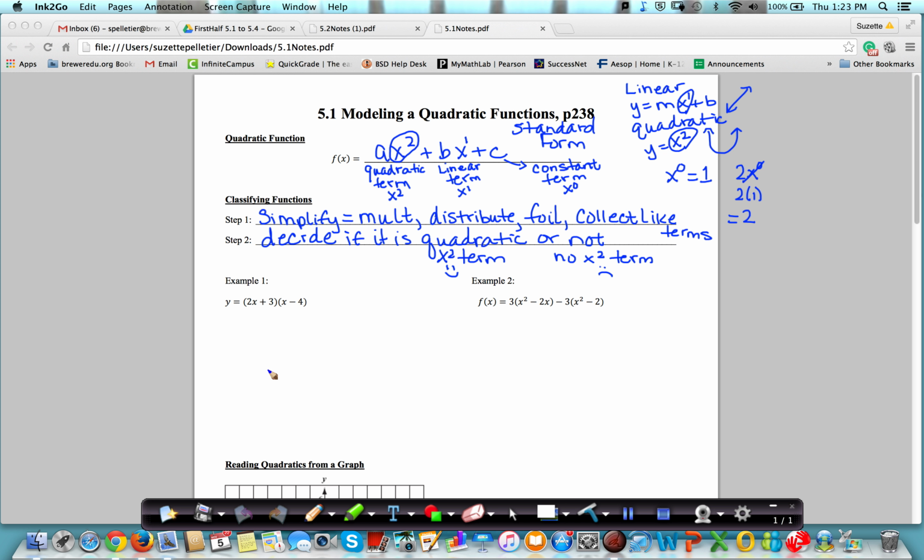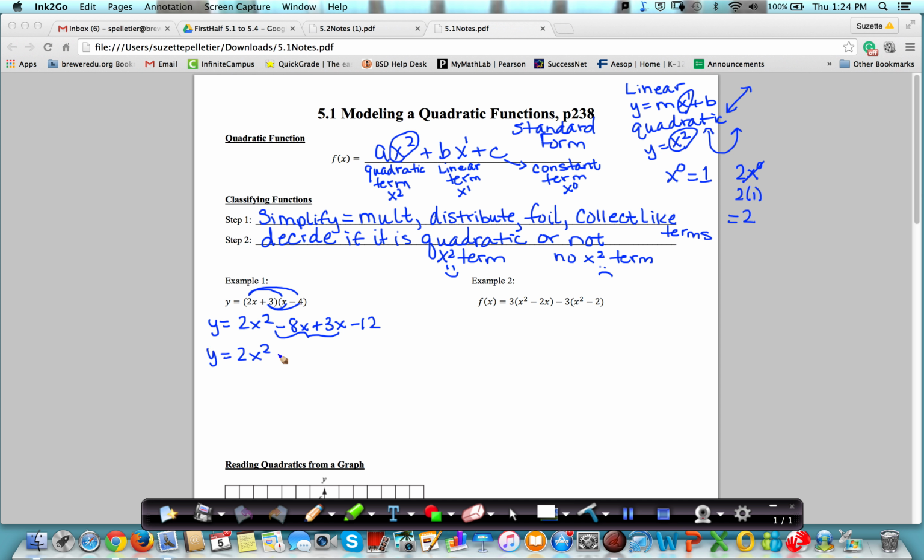Okay? So looking at example 1, we're going to distribute: 2x times x, and that is 2x squared. And then we are going to do 2x times negative 4, that's negative 8x. And then 3 times x, and then 3 times negative 4. And I'm going to combine my like terms.